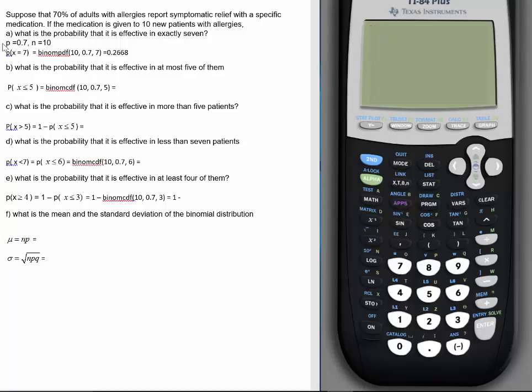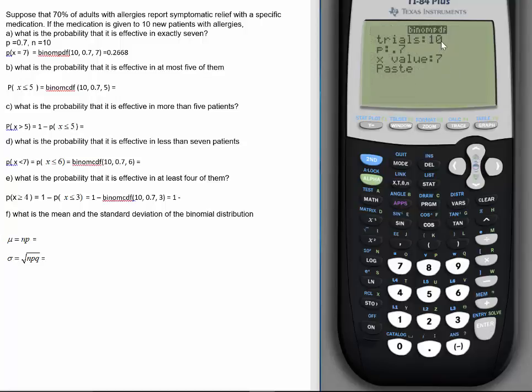So I've written this down. In order to find the probability of exactly x equals 7, there is a function in the calculator called Binomial Pdf. I'm going to show you how to use it. So you just go to second, variables, you scroll down to Binomial Pdf, it's right there, enter.